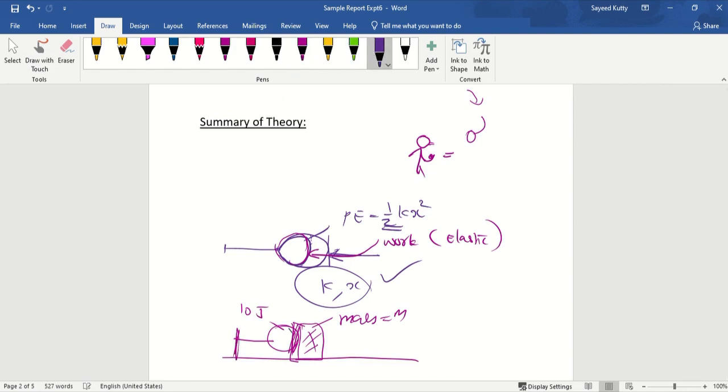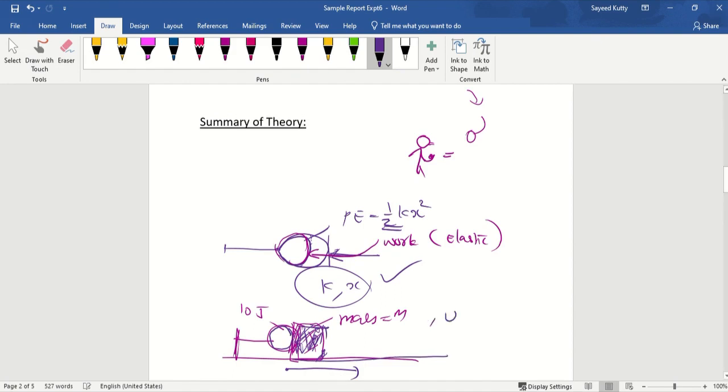Now this 10 joule energy is there. I am holding this with my hand. The moment I leave my hand, immediately the cart will be moved or accelerated. That means it will have a velocity. It will be moving with a constant velocity because it is a frictionless track.